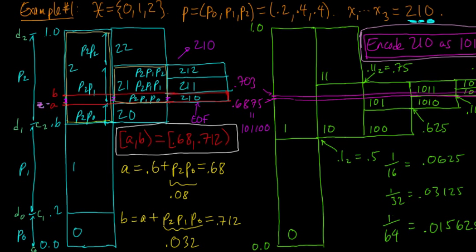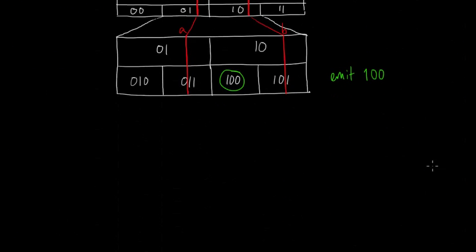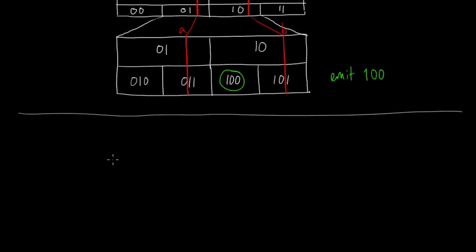So think about the following case. There's a pathological case that could still occur. Let me draw a line here, a new example. Say this is your interval, and A and B are getting very close to the midpoint.